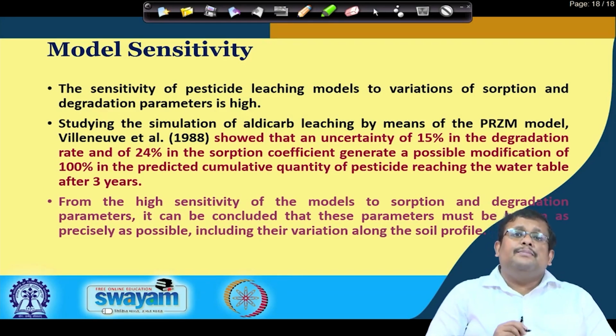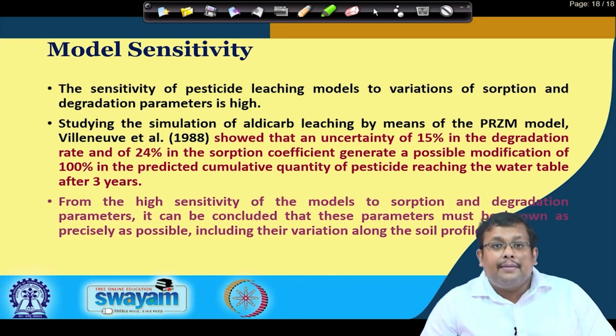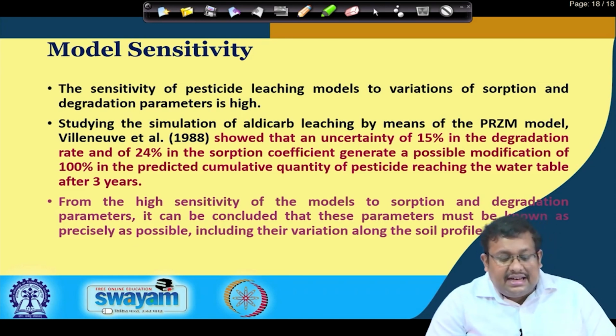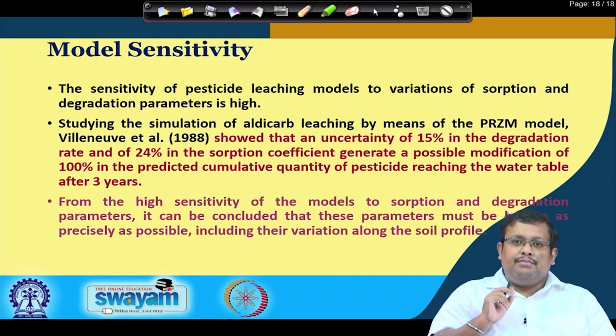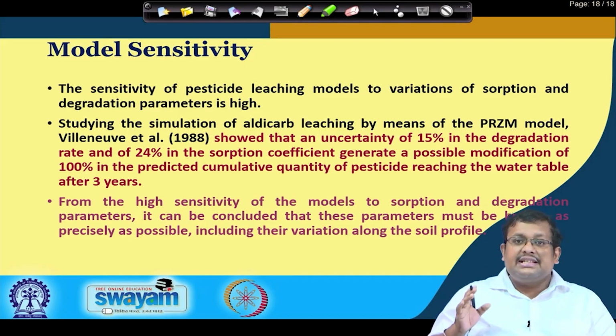Now, the sensitivity of pesticide leaching models to variation of sorption and degradation parameters is generally very high. Just for an example, studying the simulation of aldicarb, which is an important pesticide, leaching by means of the PRZM model, which you have already discussed.